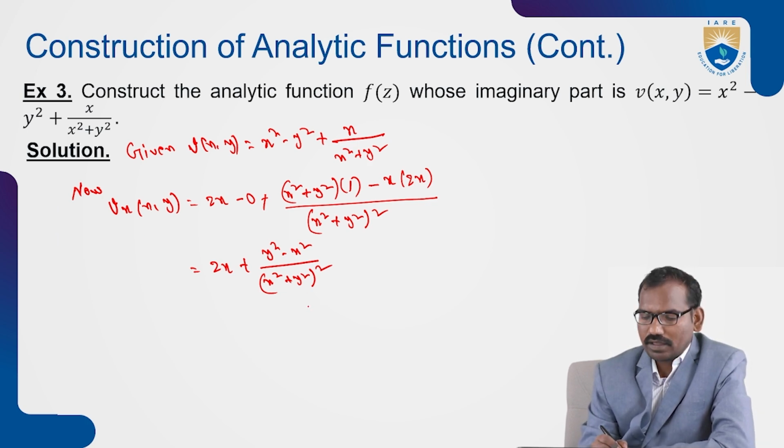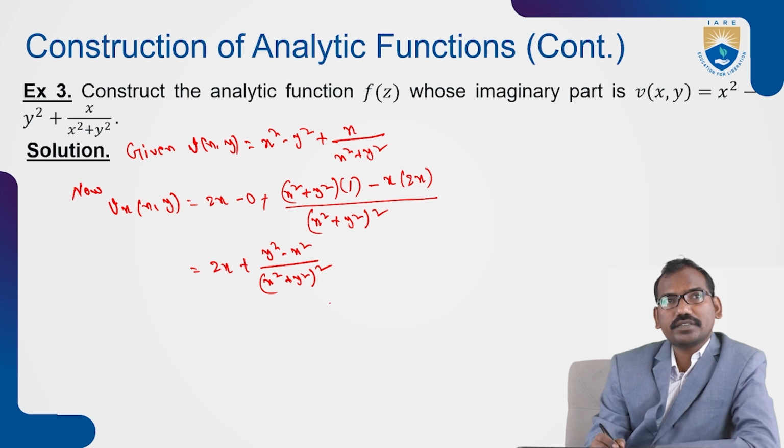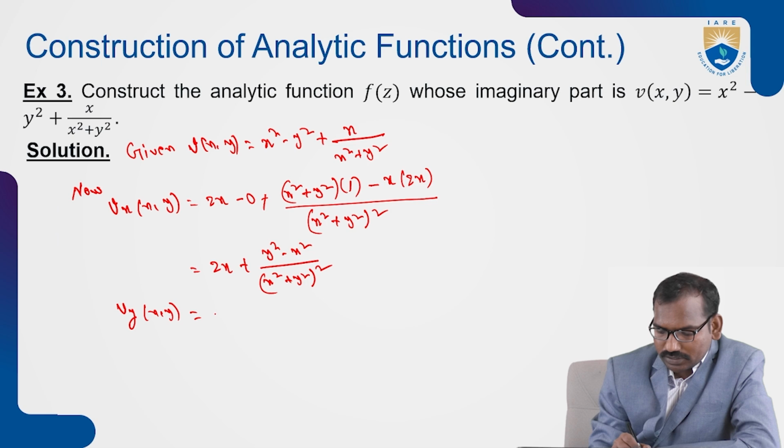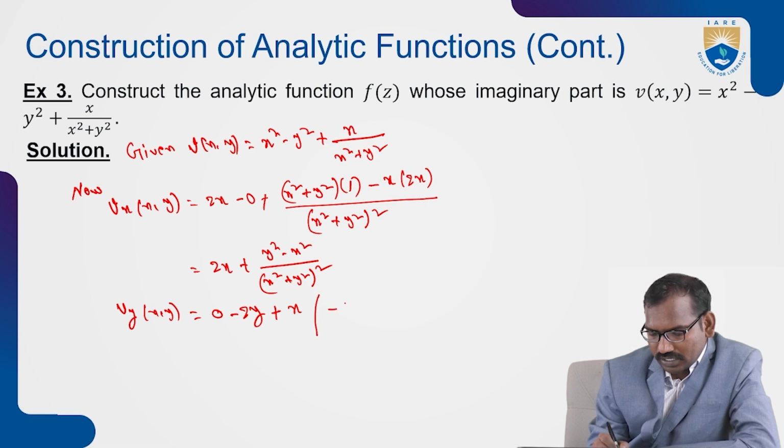x, and I also need to calculate the partial derivative of v with respect to y. Now I am doing the partial derivative of v with respect to y. For the first term it is 0 and for the second term it is minus 2y. Next, x, and you can have minus 1 by x square plus y square whole square.